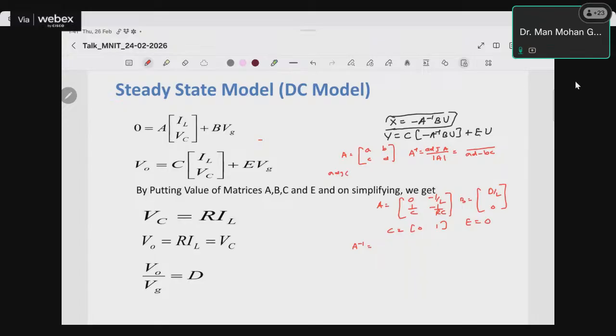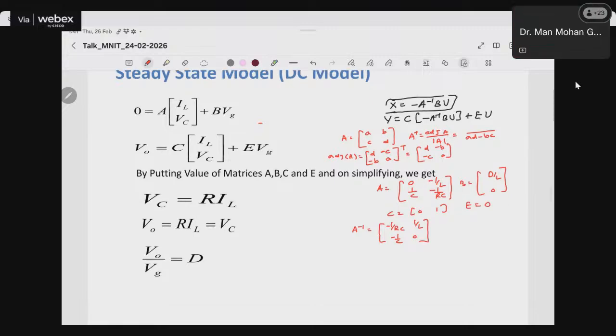Adjoint of A will be the transpose of the cofactors of each element, with the minus signs, and the transpose of this will be D, minus B, minus C, A. It means A inverse is just you interchange the diagonal elements and make the sign opposite for B and C. So that is minus 1 upon C. This is A inverse.